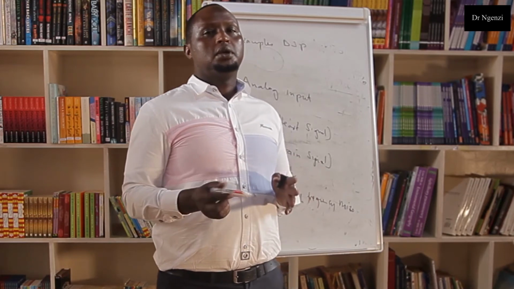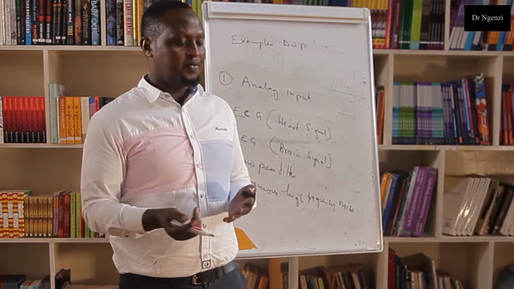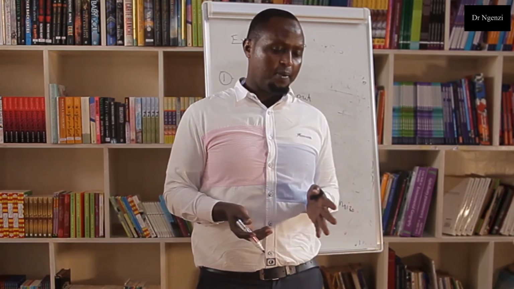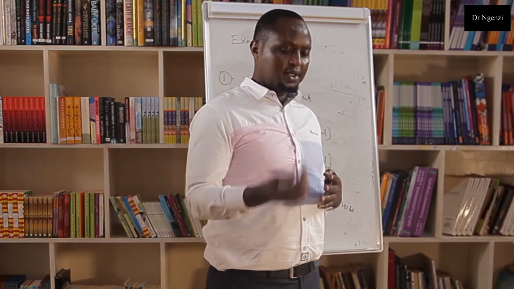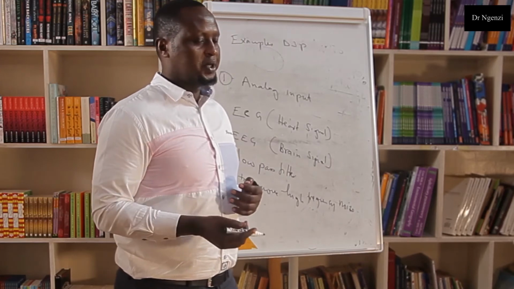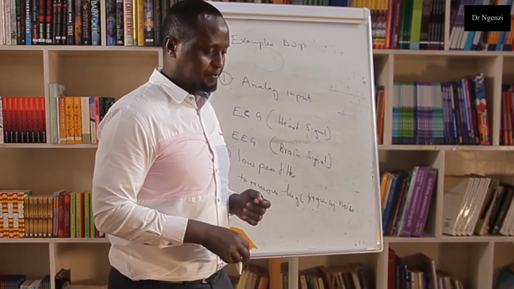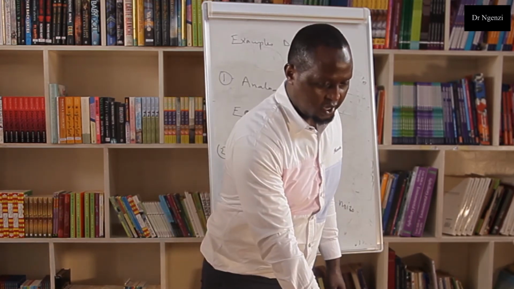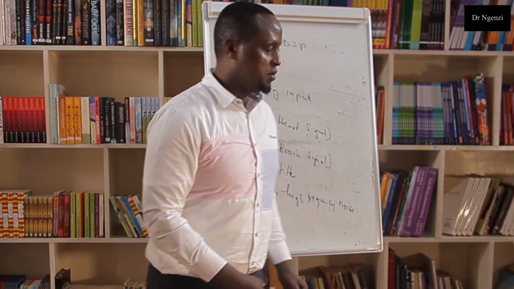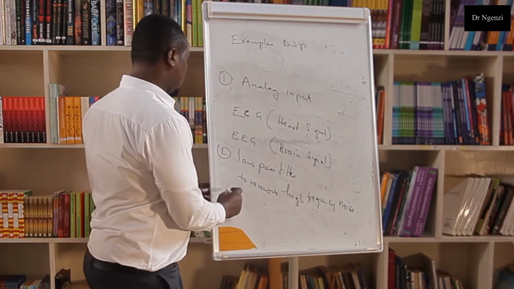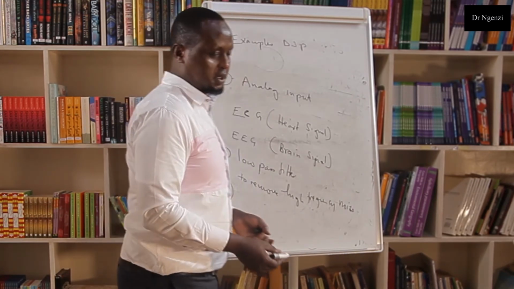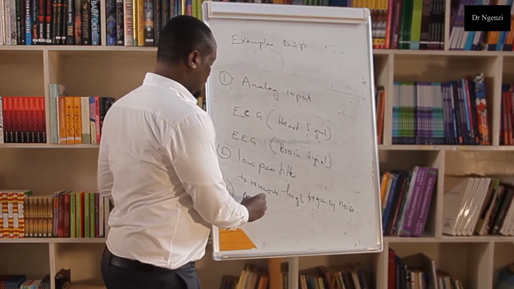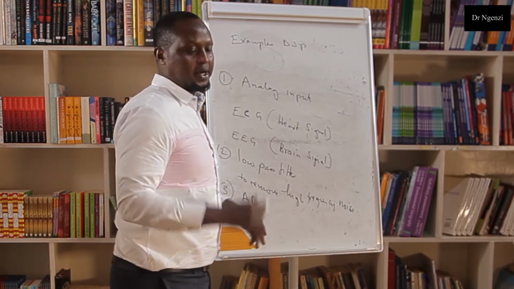So I'm trying to explain the functions of each and every block in our diagram to understand the complete basic elements of DSP. Dear students, this is number 2, and then we go to the next system. For example, the ADC, analog to digital converter. What does it do?